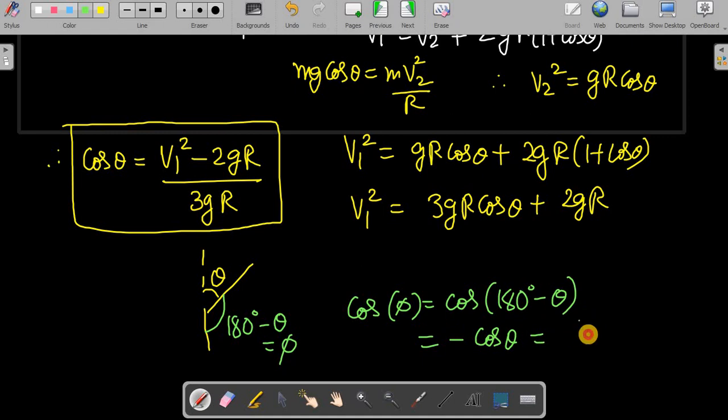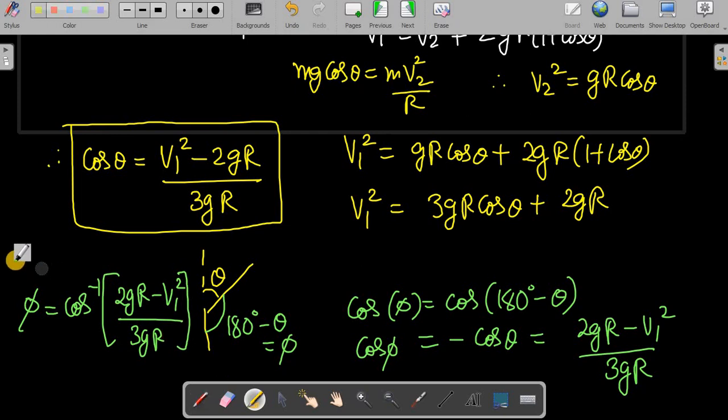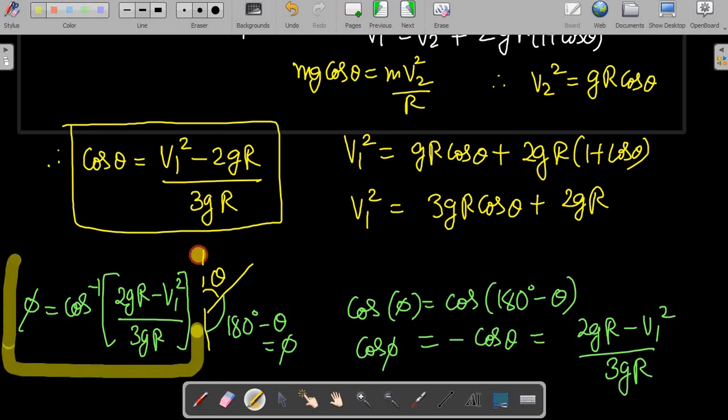So this will become (2gr minus v1 square) by 3gr. That will be cos phi, and phi will be cos inverse of (2gr minus v1 square) divided by 3gr. This formula can also be remembered, or in some questions we can use it directly.